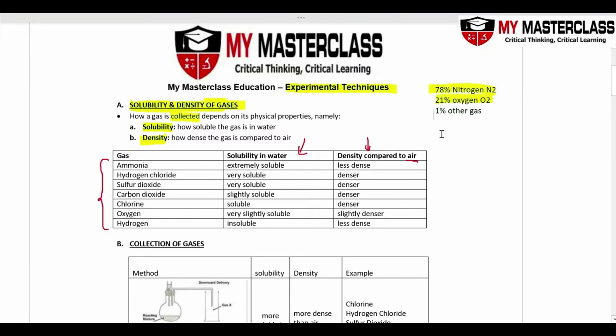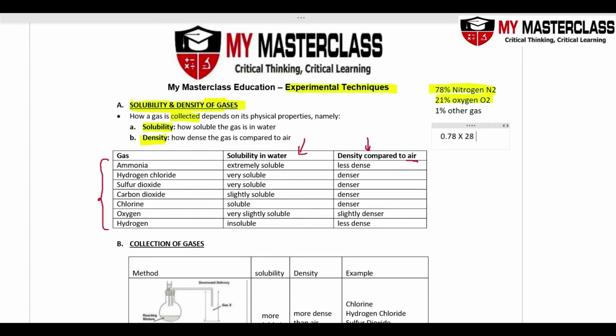We are going to do a simple calculation to see how dense air is. 78% is 0.78. I multiply it by the relative atomic mass of nitrogen. Nitrogen, if you look at the periodic table, is 14. Because there are 2 atoms of nitrogen, N2, it will be 28.